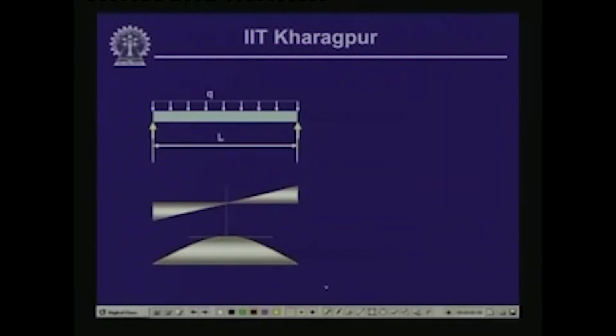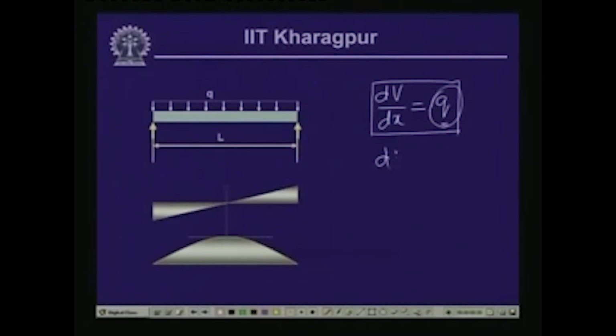In the last lesson we had seen that the differential equation dV/dx along the length of the beam is equal to Q, where V is the shear force and Q is the uniformly distributed load. Now we have looked into what happens to V if Q equals 0.